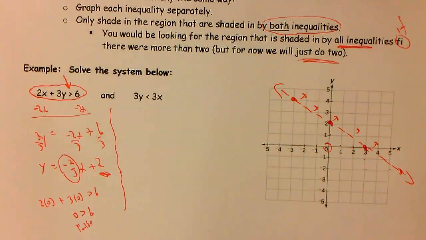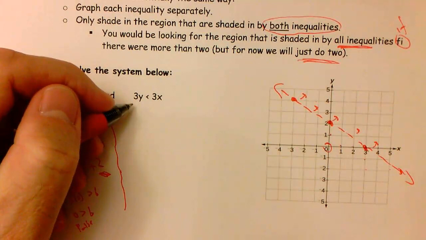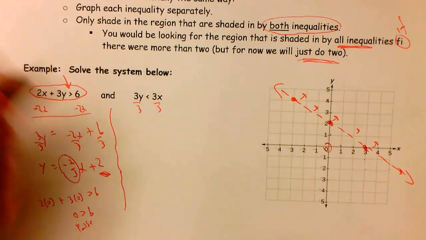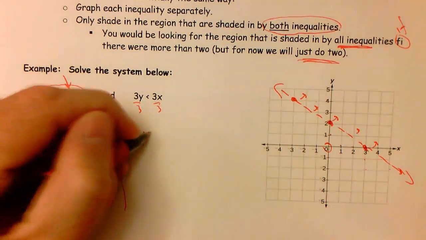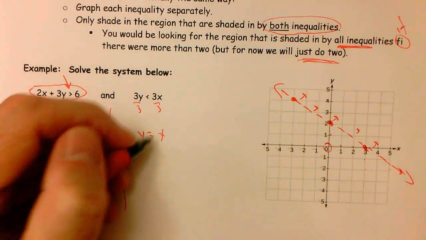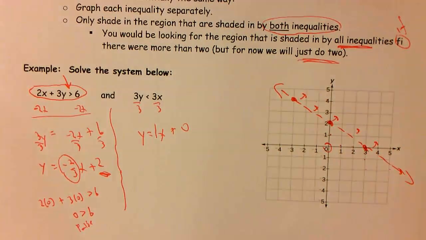So then I'm going to go to the other inequality, and I'm going to draw its line. So again, the first thing I want to do is get the y by itself. And when I do that, I would get y equals x. So this is a line that has a slope of 1 and a y-intercept of 0, right?